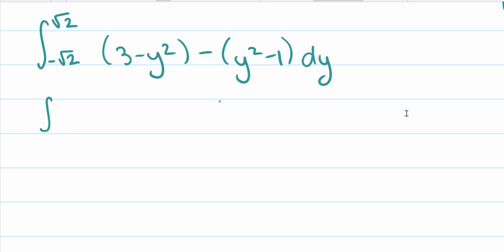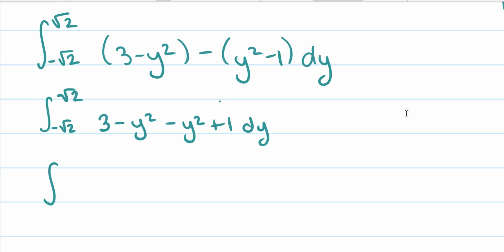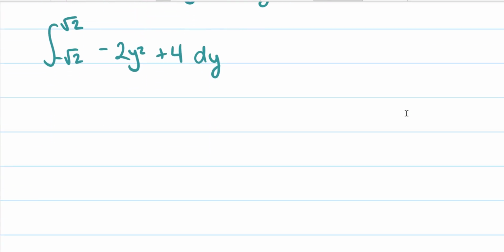So this becomes the integral from negative square root of 2 to square root of 2 of 3 minus y squared minus y squared plus 1 dy. So the integral from negative square root of 2 to square root of 2 of negative 2y squared plus 4 dy. And now all you have to do is work this out.